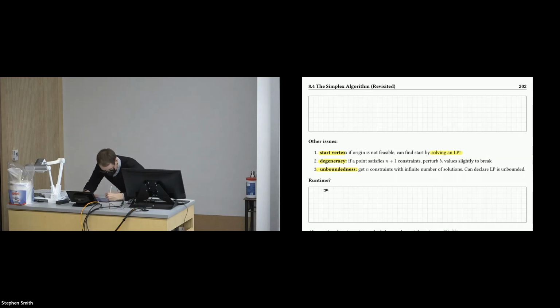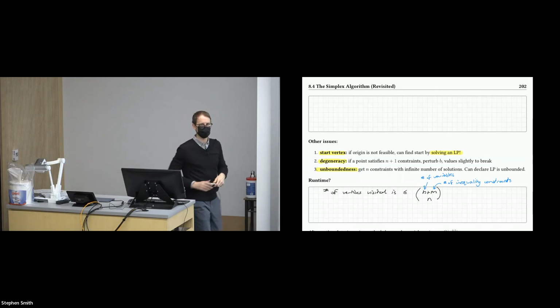So then the number of vertices visited is less than or equal to n plus m choose n, where n is the number of variables, and m is the number of inequality constraints.